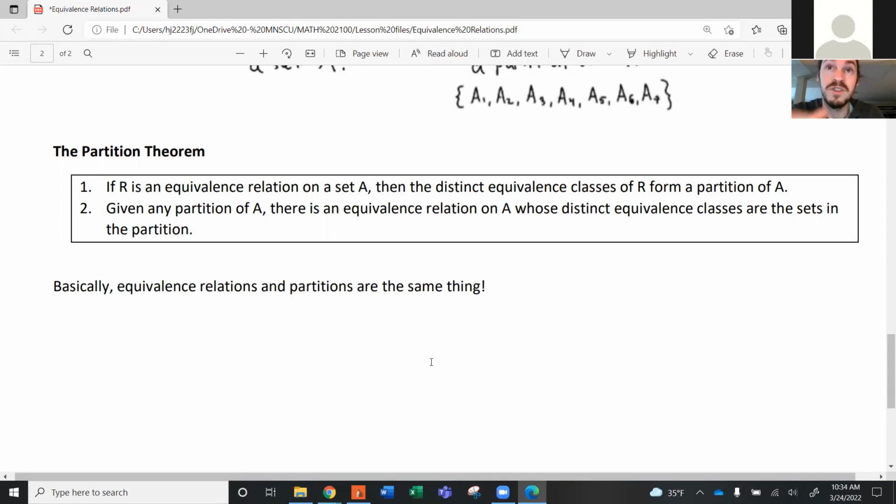All three are essential to proving this relationship with partitions. The proof highlights the importance of all three properties.